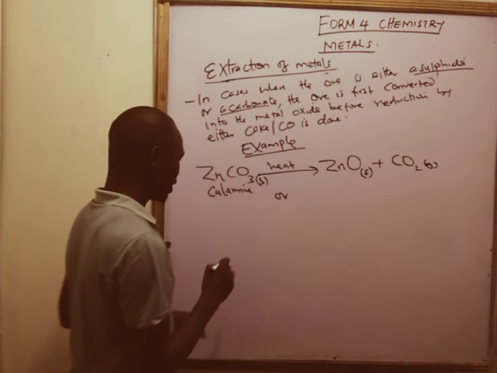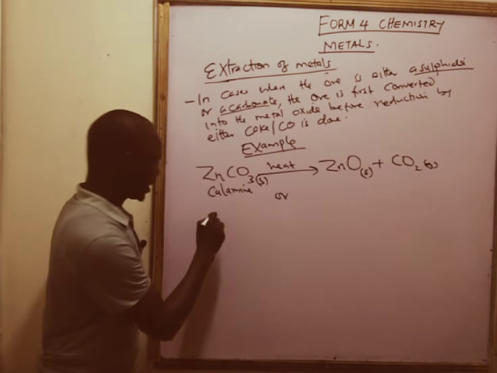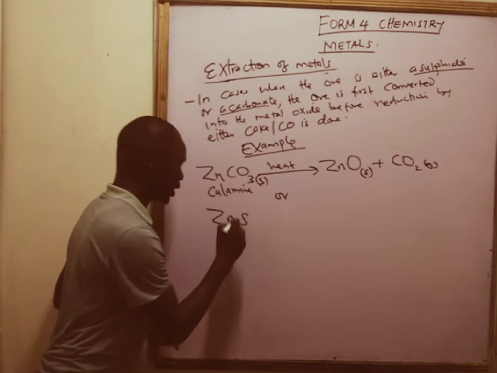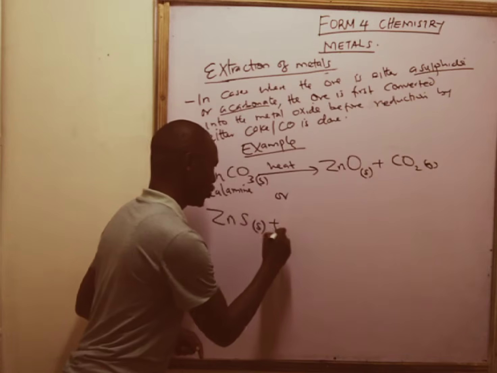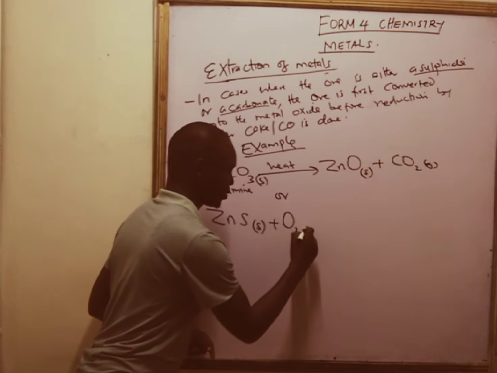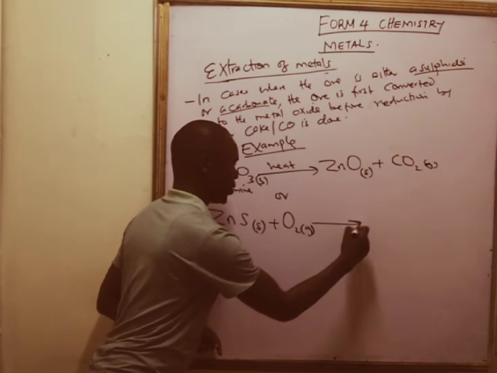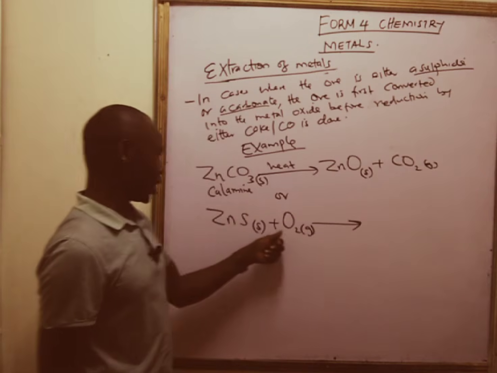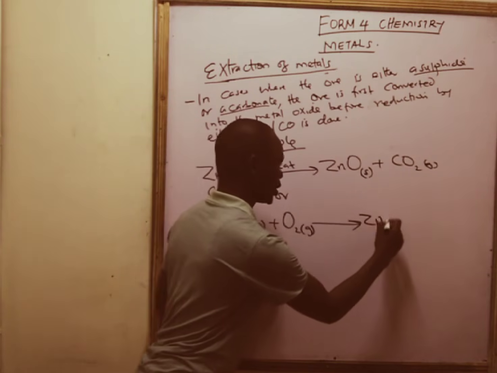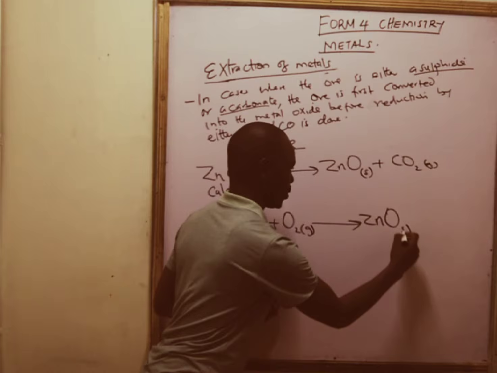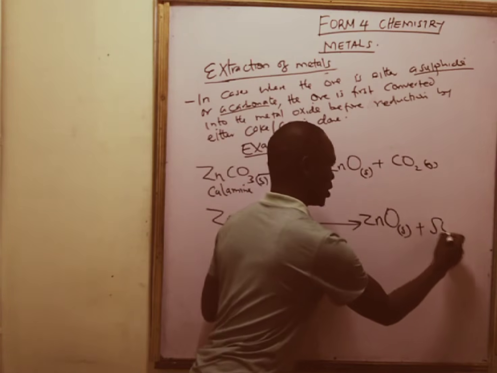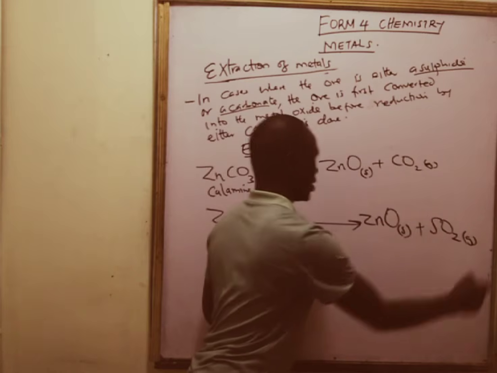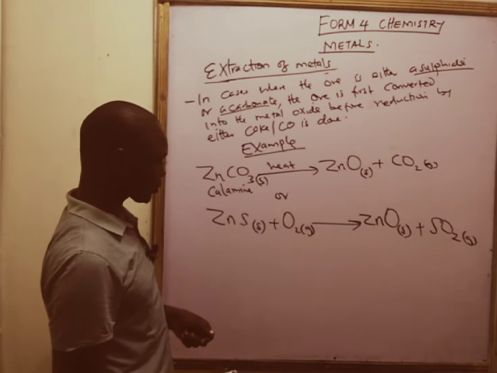Or in cases where we are using a sulfide, let us say we have zinc sulfide, which is a solid. We roast it in air, and it will give you zinc oxide, plus of course sulfur in air will give us sulfur 4 oxide, which is a gas.